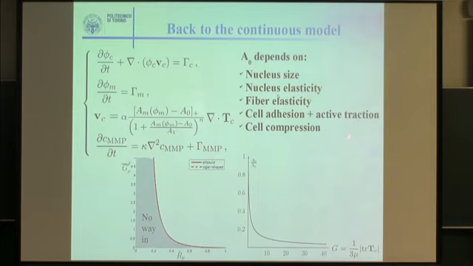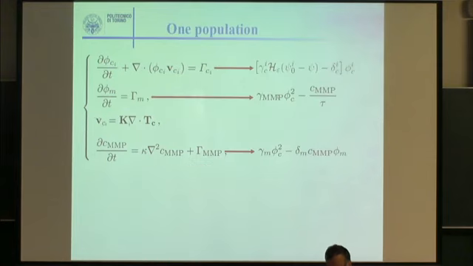Just reverse this function, you have something like this, and it tells you how A0 depends on this ratio of the forces with respect to the stiffness.